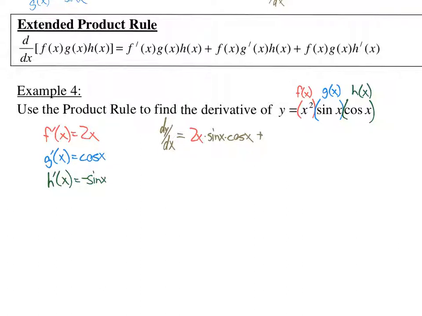Plus, I'm going to use the original f of x now, but now I'm going to put in the derivative of the g of x, which is cosine x. And then I have another cosine x, which was my h of x. And then finally, I have the original f of x, the original g of x, and then I have the derivative of h of x. So that's a negative sine of x.